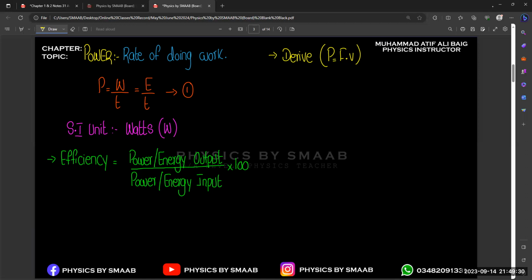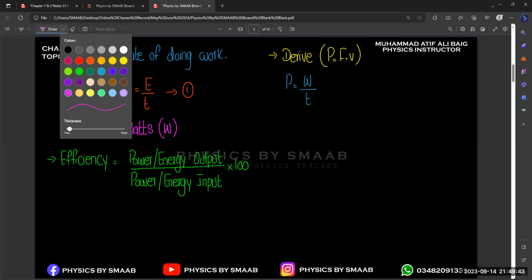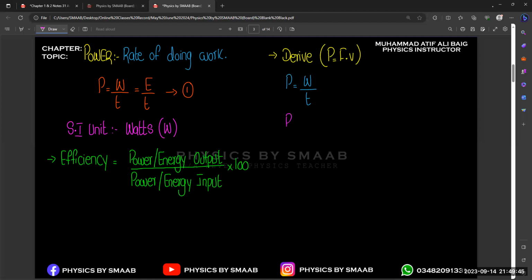How? Let's suppose they ask you to derive or prove that the product of force and velocity is power. So how do we derive this? Let's take the basic definition of power, P equals W upon T, and we know the basic formula that W equals F times D.